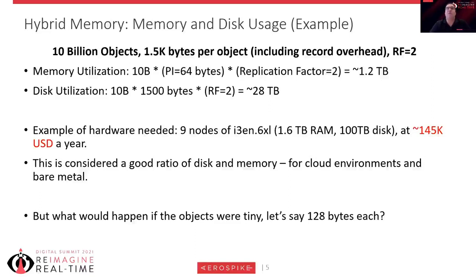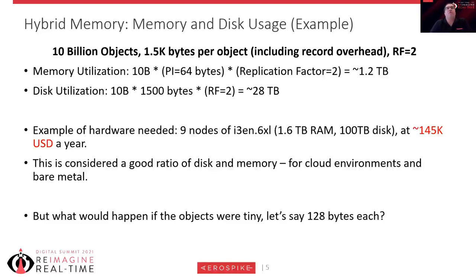In this example, a suitable cluster would be 9 nodes of i3en.6xlarge, which has 1.6 terabytes of RAM and 100 terabytes of disk, and that would cost us about $150K per year.